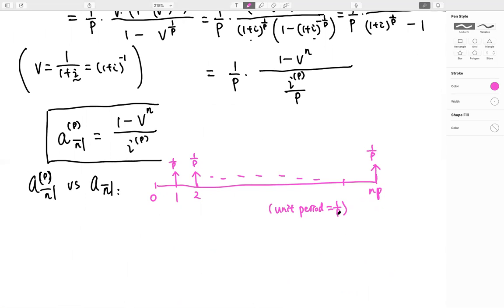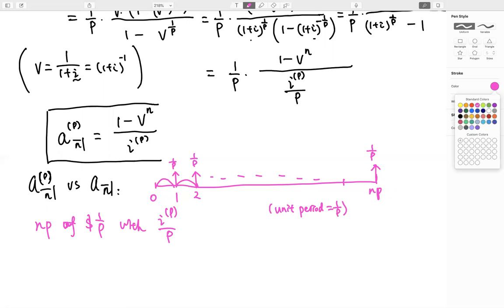So for this, from this easy way, I know they are NP payments of amount 1 over P, and the unit interest rate is I upper P divided by P. So that is the interest rate for each period, right? And then we go back to what we already know, right? We already discussed and denoted everything we wanted to know in the standard annuity.